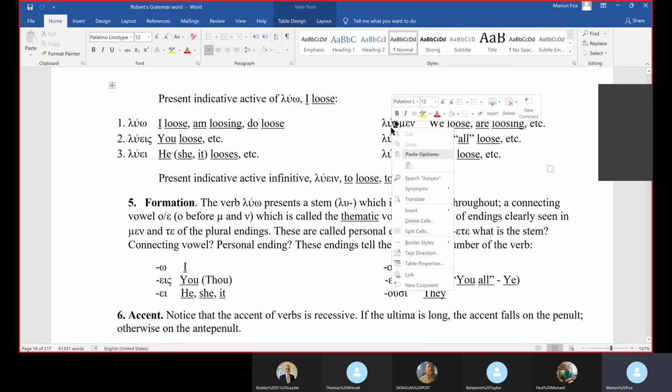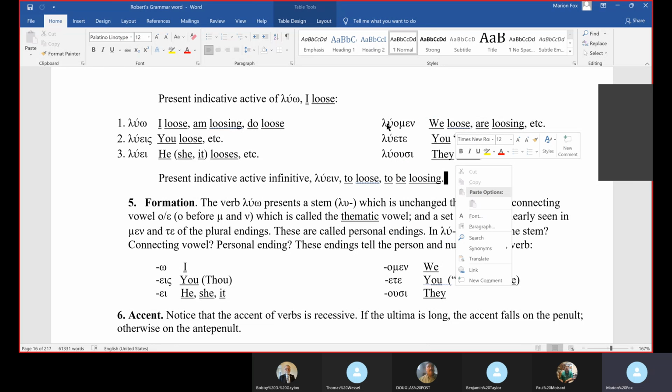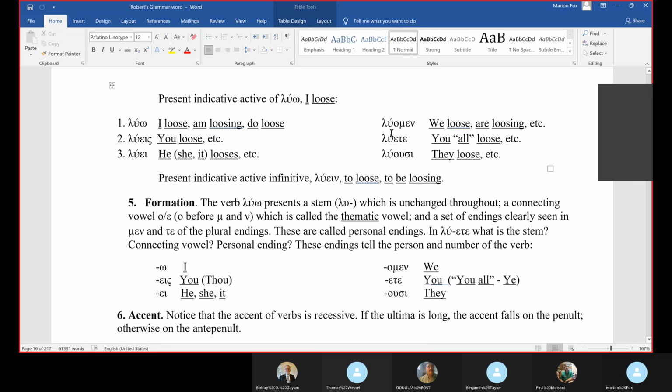The omen ending is first person plural. The a ending, epsilon iota, is third person singular. The ace ending, epsilon iota sigma, would be second person singular. And then the omega ending is first person singular.